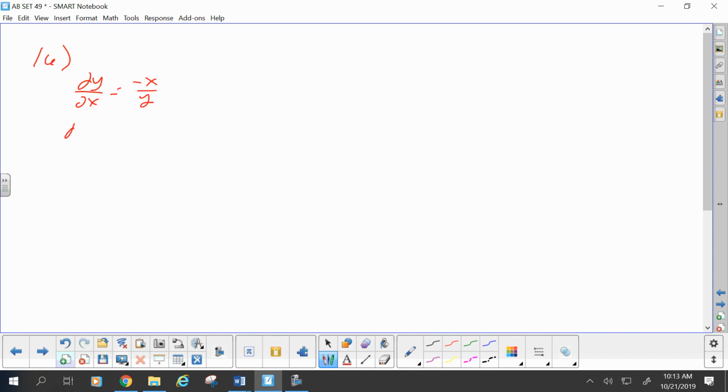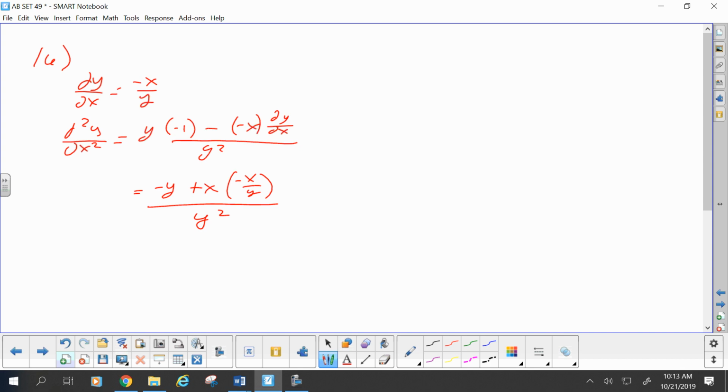Okay, so the second derivative on number 16 is low d high minus high d low, over the square of what's below, so negative y plus x times 2 of x over y squared. So there's my second derivative.